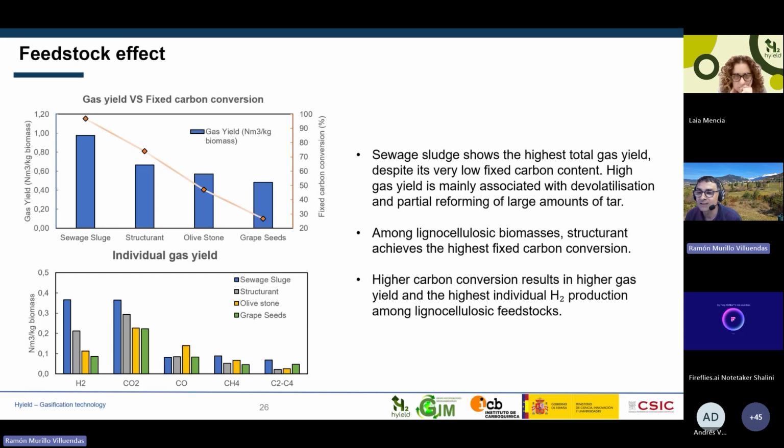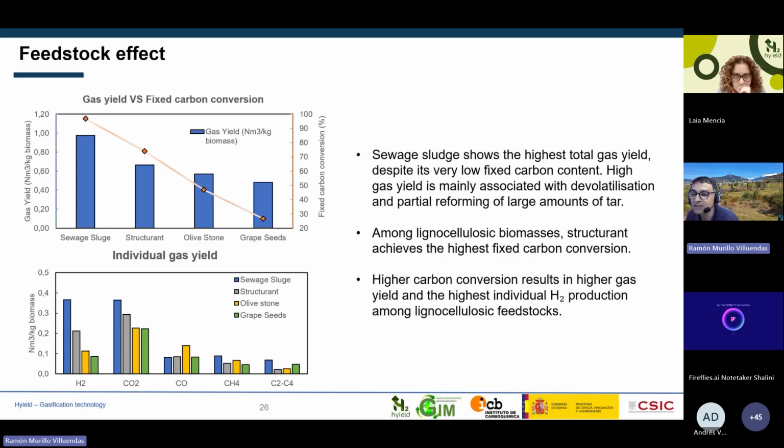As discussed previously, gas production from sewage sludge is largely dominated by the volatilization processes rather than char gasification. The limited contribution of gas-solid reactions explains that the observed gas yield cannot be attributed to the fixed carbon conversion.